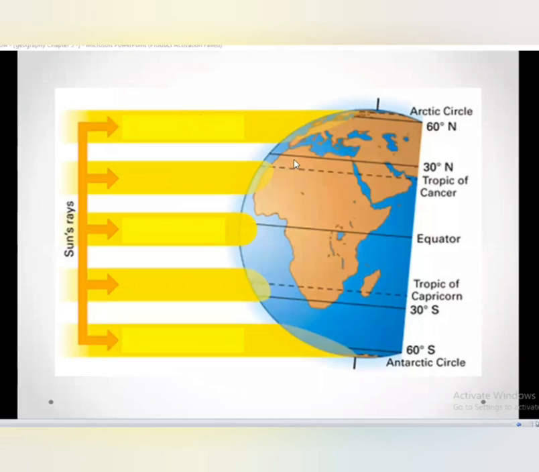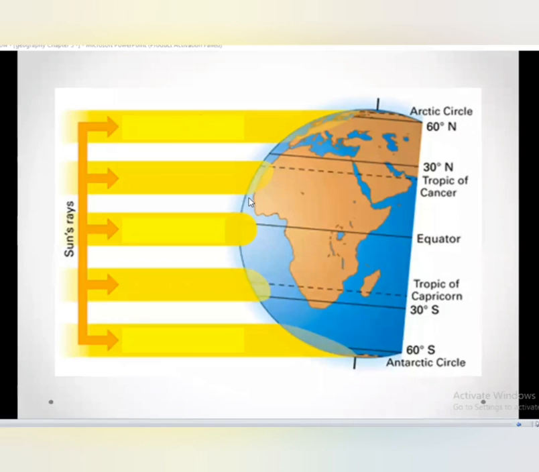Since the earth is curved, the sun rays are not falling straight everywhere. In some parts, they are perpendicular, whereas in other parts, they are slanting.